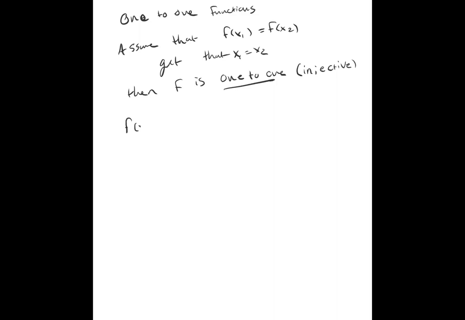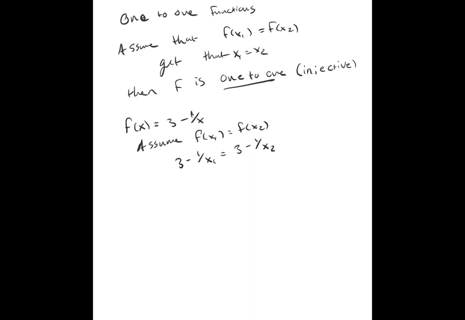So let's say f of x is 3 minus 1 over x, okay? So assume that f of x1 equals f of x2. So we have that 3 minus 1 over x1 equals 3 minus 1 over x2.